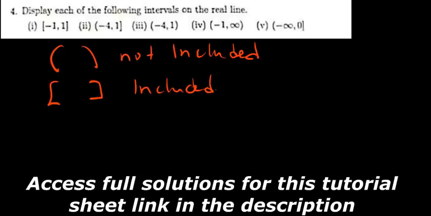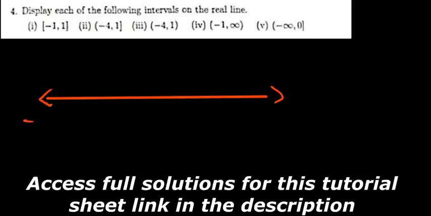So for example, the first one, if I get my number line, I'm going to put negative infinity to positive infinity.